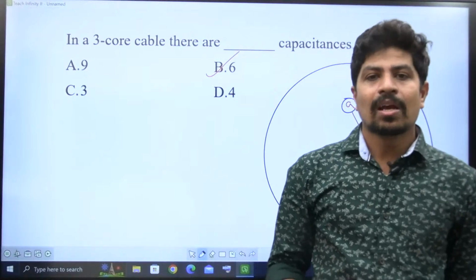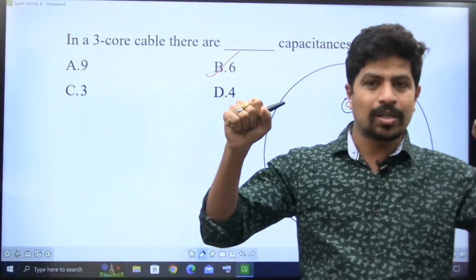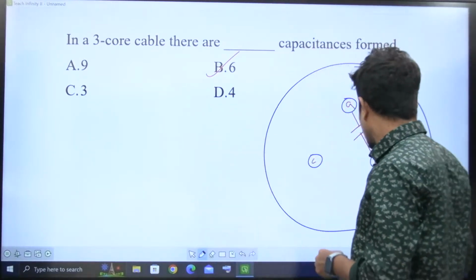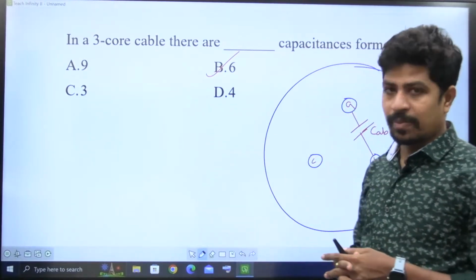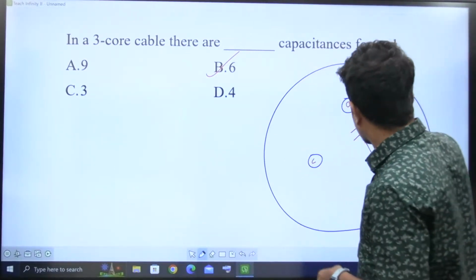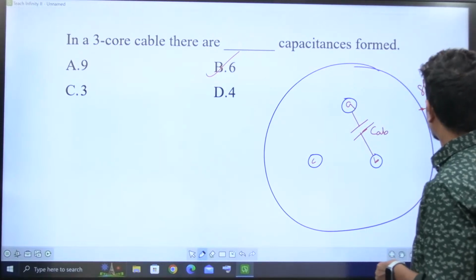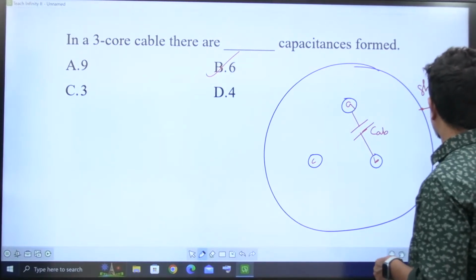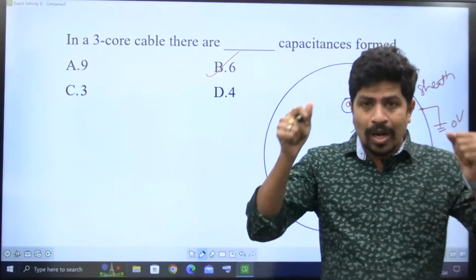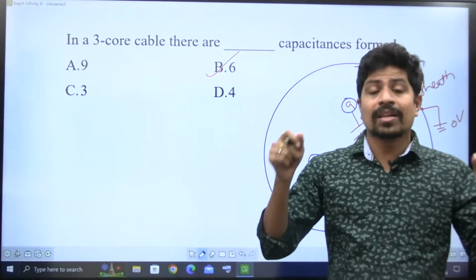Between A and B, why is capacitance formed? There are two conductors, A and B. If two conductors are separated by some dielectric, and we are keeping insulation between A and B so that short circuit does not happen. And see, this is the metallic sheath, and its voltage is 0. This is very important: if two conducting bodies have a potential difference and are separated by some dielectric, then capacitance will form.